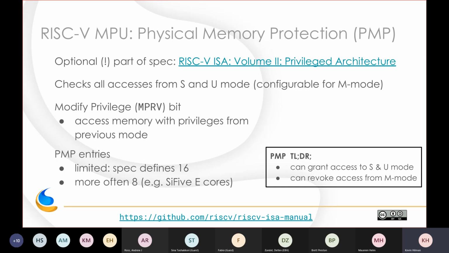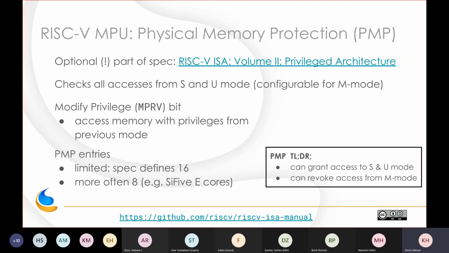The important thing that I'm going to hit probably over and over through this talk is about the PMP entries. The RISC-V spec defines 16 entries, basically 16 regions that you can define in the PMP. That's not a lot of memory regions, but even so the spec defines 16. The common cores available more often only have 8 slots.